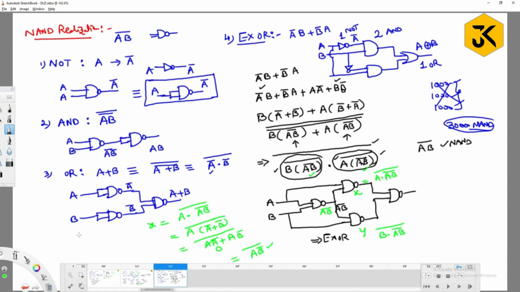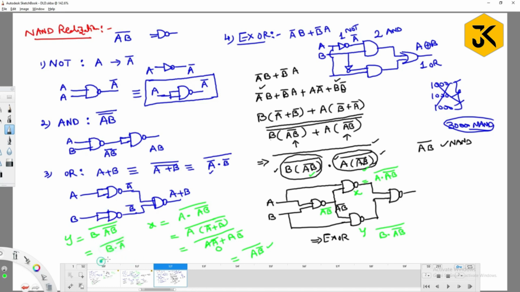And what about the expression for Y equal to B into AB bar whole bar, whole bar? If you are able to solve this one, again you are going to get the same procedure. In terms of B they got as, in terms of A they got as B. If you try to solve this one, again you are going to get B into A bar whole bar.